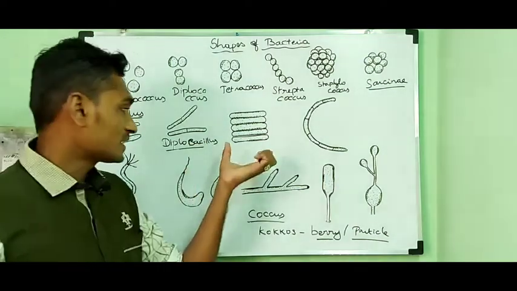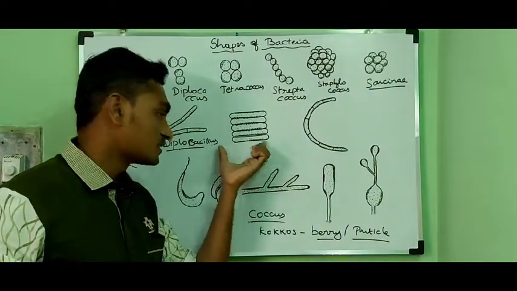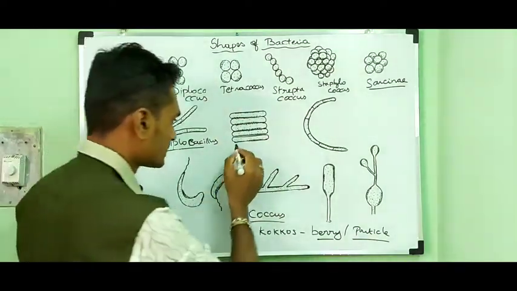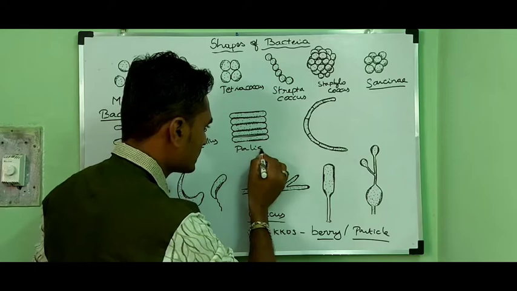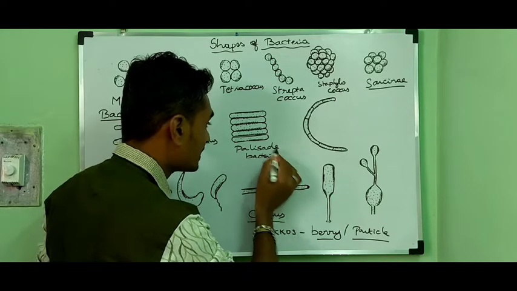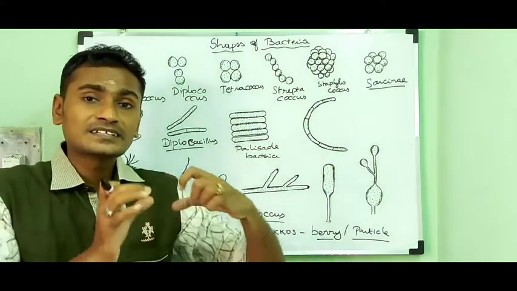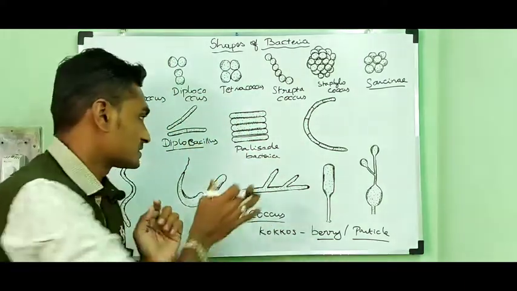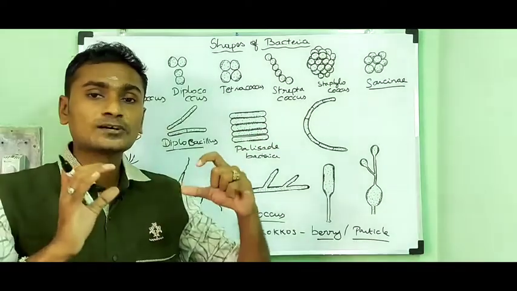Then this bacteria is called palisade bacteria because the bacteria are arranged in an angular arrangement.